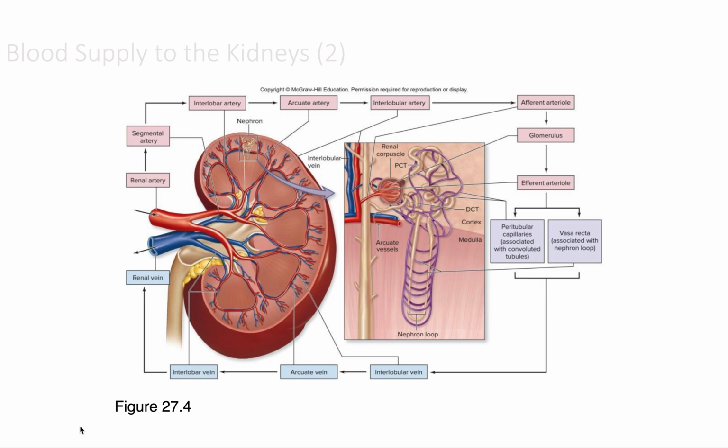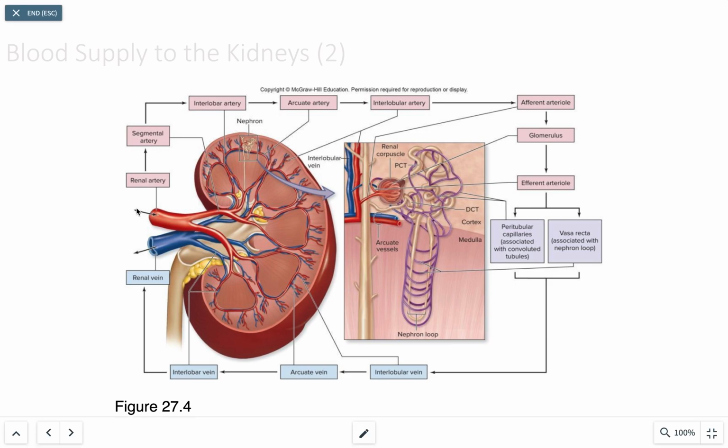When we're looking at the blood flow, we see the hilum of the kidney. Here is the renal pelvis, the collecting duct for urine, and here's the ureter. But we'll see that blood flow will be coming in, and about 20 to 25% of the blood is going to flow through the kidneys.